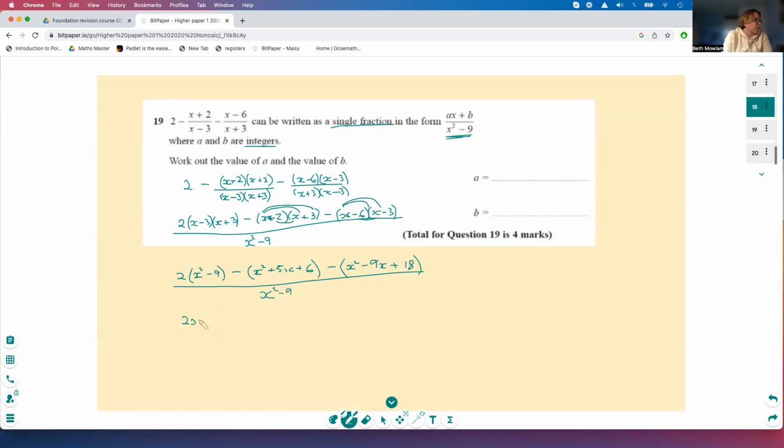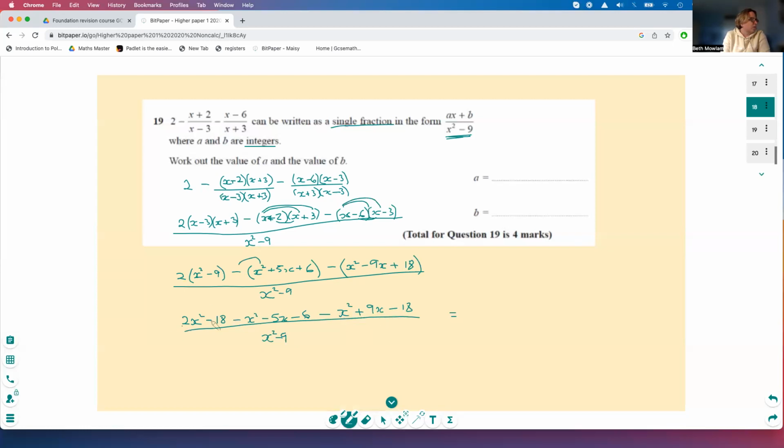So let's get rid of the brackets altogether. So we've got 2x squared minus 18, minus x squared, minus 5x, because it's minus this whole bracket, minus 6, minus x squared, plus 9x, minus 18, because it's minus that whole bracket, all over x squared minus 9.